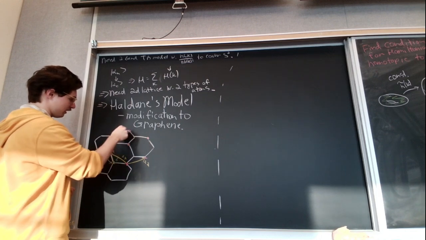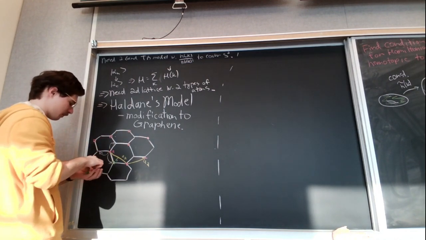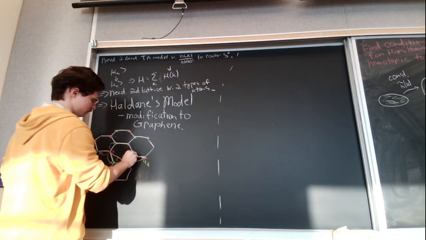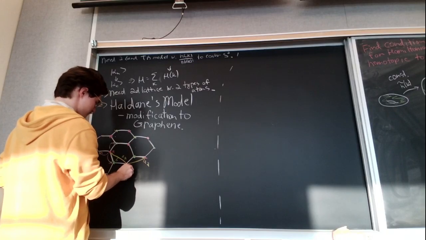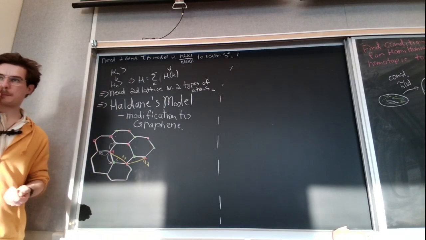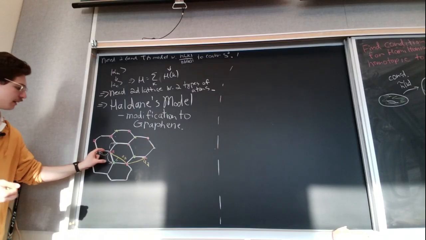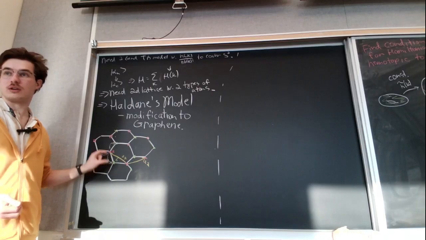Like this, like this, like this. And then the other ones are going to be green. Okay? Do you agree? So I can generate the entire lattice by taking this pair and translating it by these two lattice vectors.